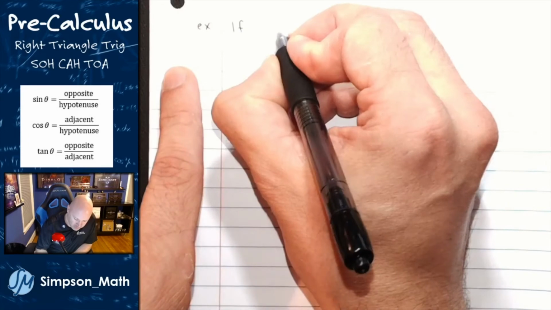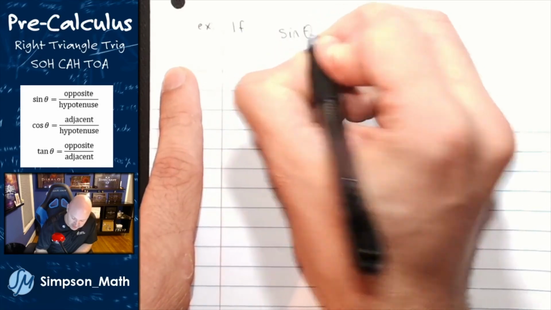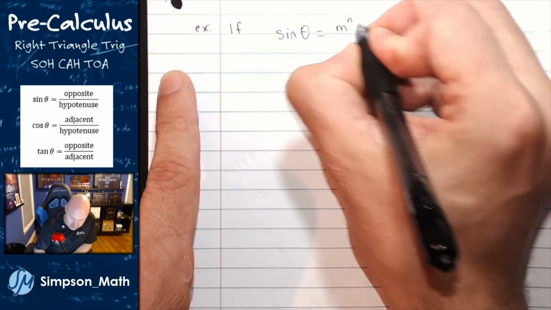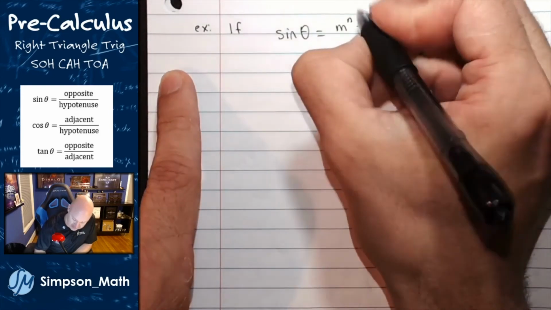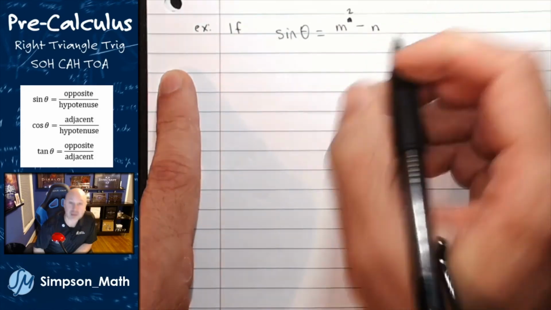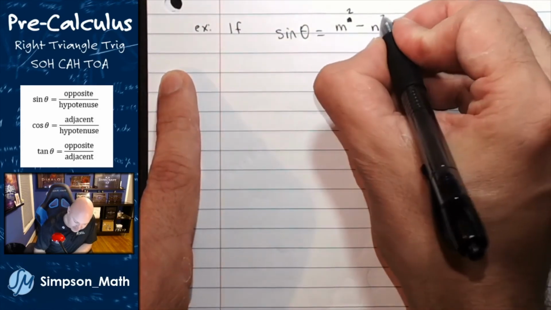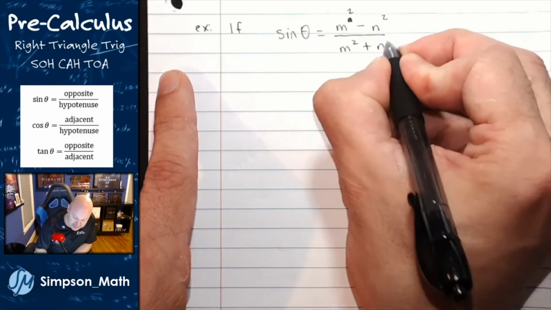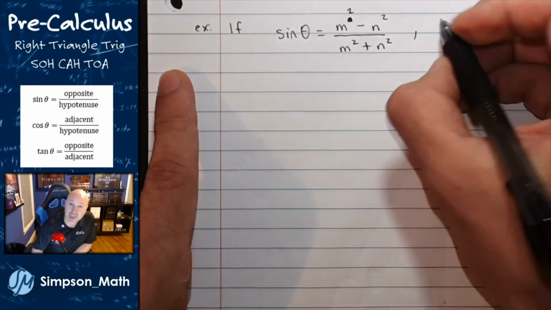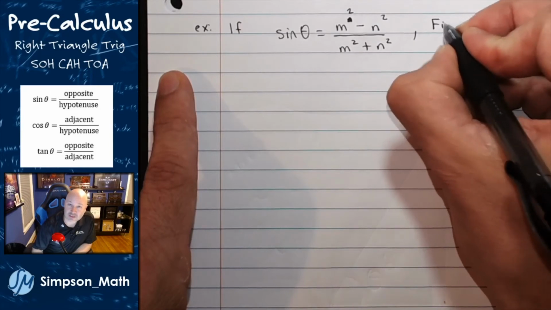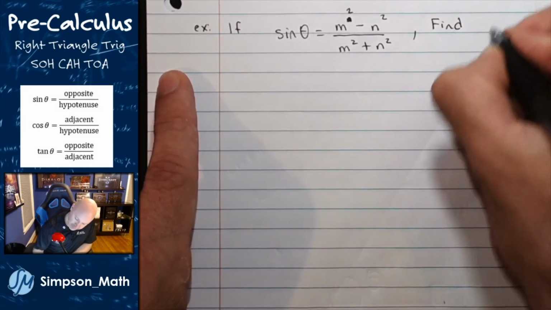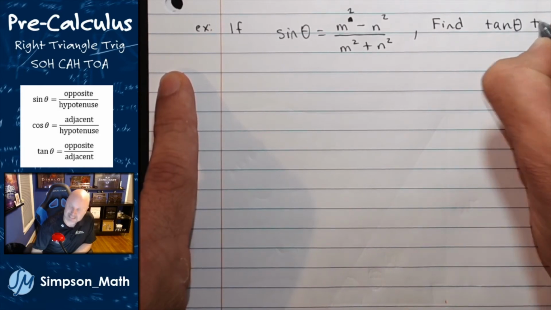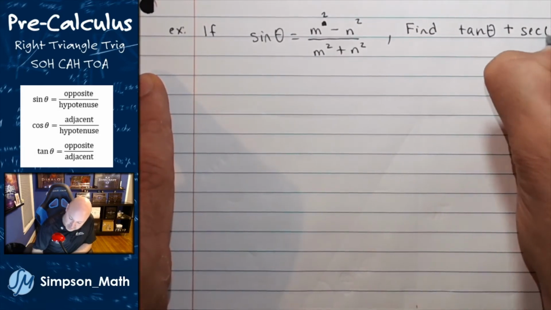Let's say we know sine theta is equal to m squared minus n squared over m squared plus n squared. And we're asked to find tangent of theta plus secant of theta.